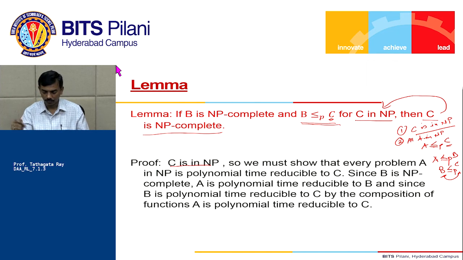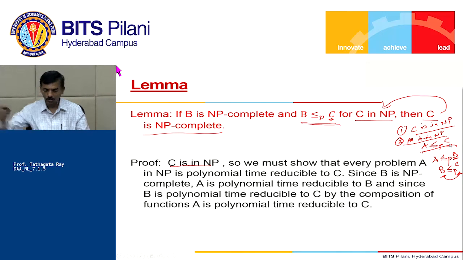So essentially all the problems A in NP are polynomial time reducible to C. If I have to prove that, I use the fact that B is NP complete. That means all of these problems A are polynomial time reducible to B. So I will first reduce it to B, and since B is polynomial time reducible to C, I will then reduce it to C. So I got all the problems A polynomial time reducible to C. So I proved this fact.